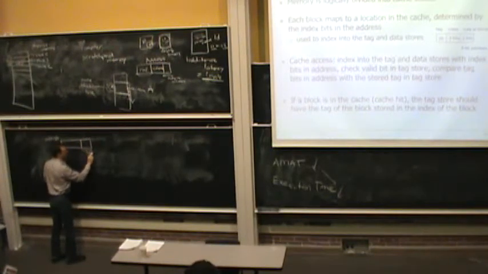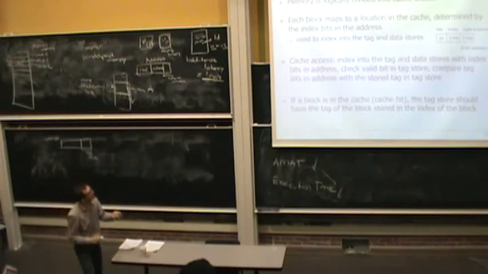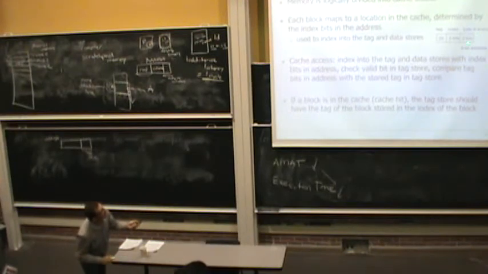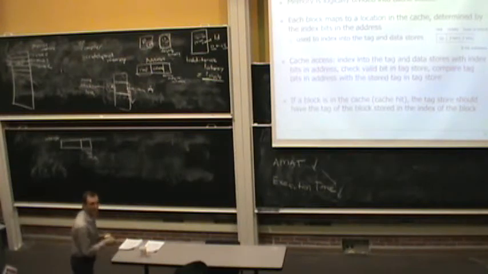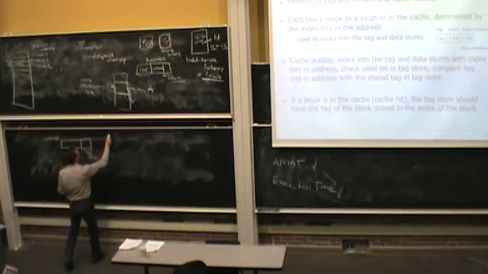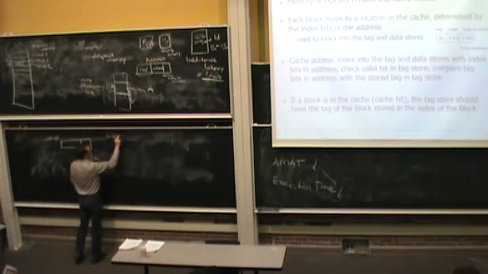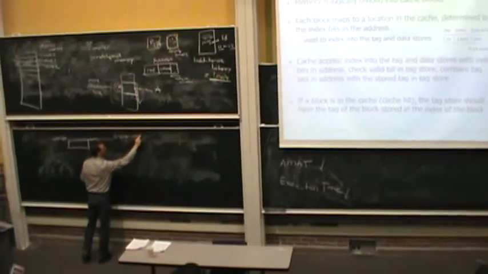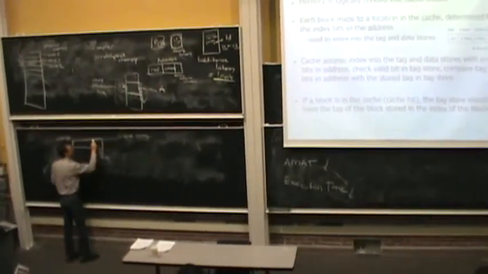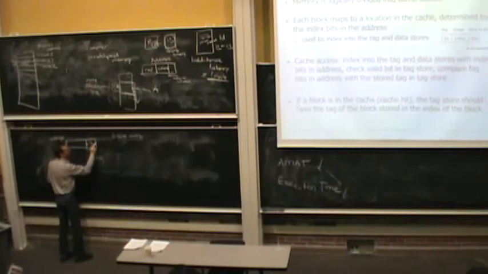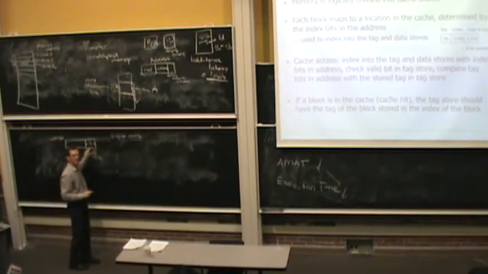The bottom bits specify the byte in block, right? What I'm showing you here is an 8-bit address, and byte in block is 3 bits, which means that the cache block size is 8 bytes. Let's say we have a cache that has 8-byte blocks. You need 3 bits to specify which byte in the block you're accessing.